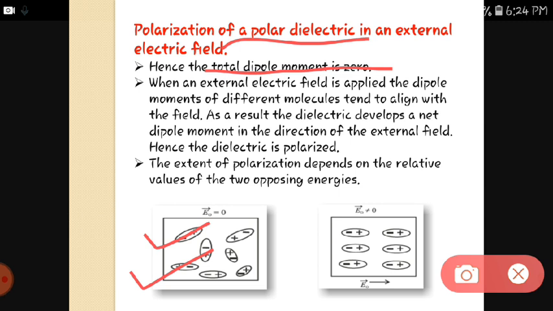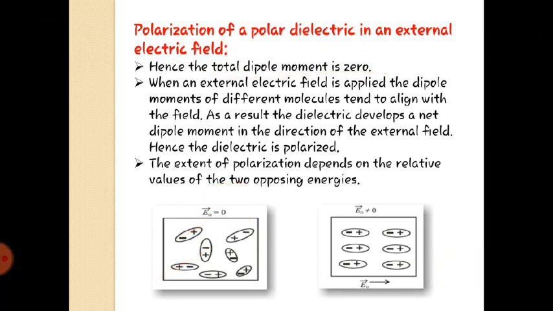As we have seen, polar dielectrics have a permanent dipole moment, right? But due to thermal agitation in the material, in the absence of any electric field, when the electric field is not there but thermal agitation is, these dipole moments, as you can see in this diagram, are all randomly moving, right?